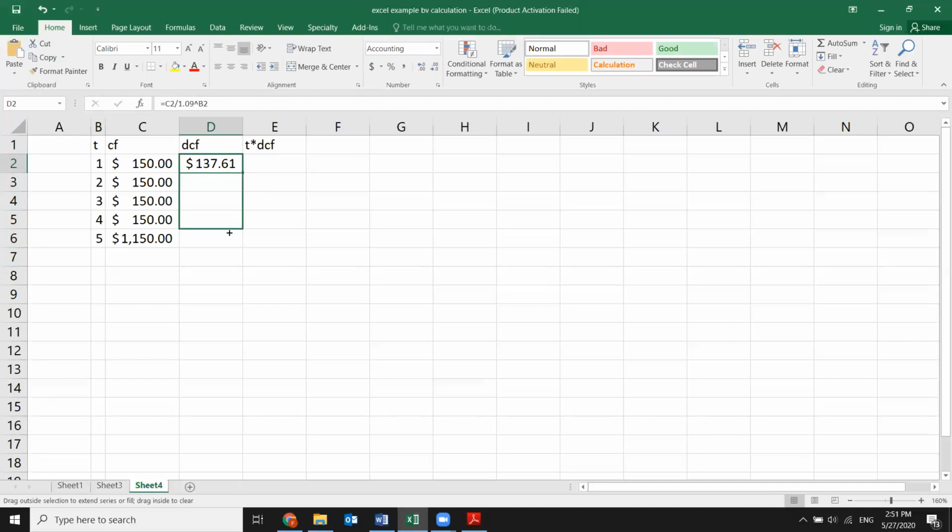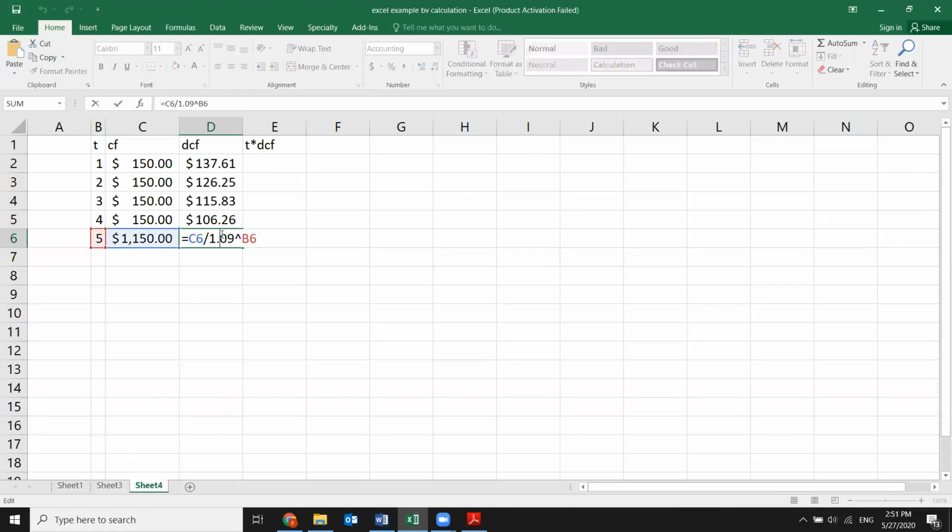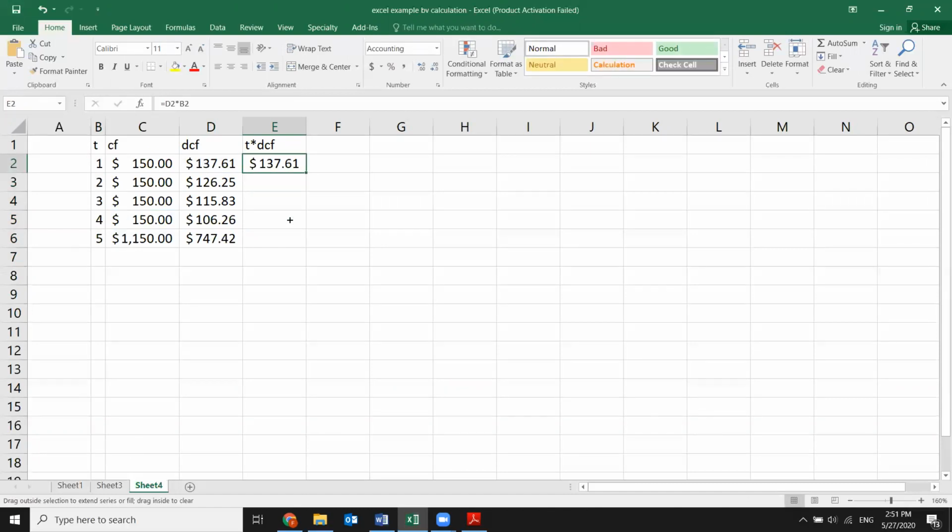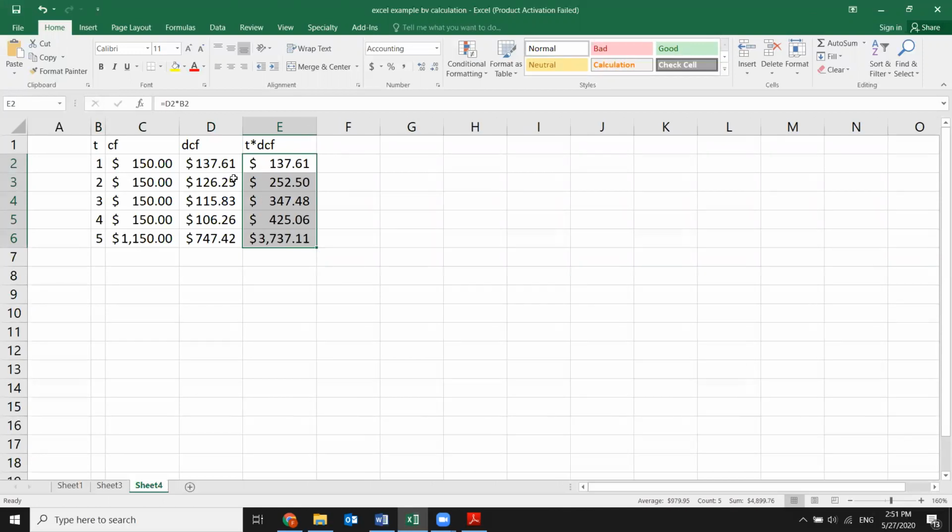If we drag it down, we get all discounted cash flows here, okay? Now, the last step, we multiply the period by the discounted cash flow, and we make it down, okay? So for the last 2 columns, you have to get the summation. Each column should be summed in order to proceed with the calculation of the duration.